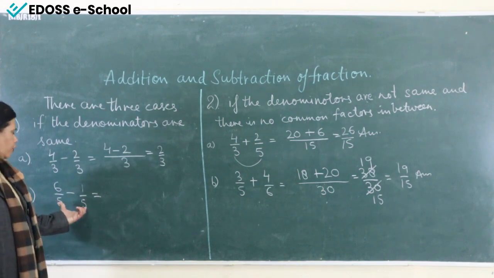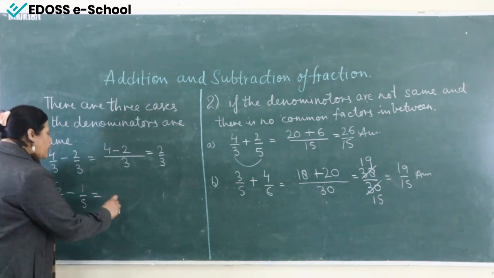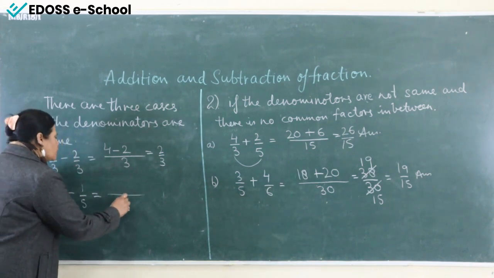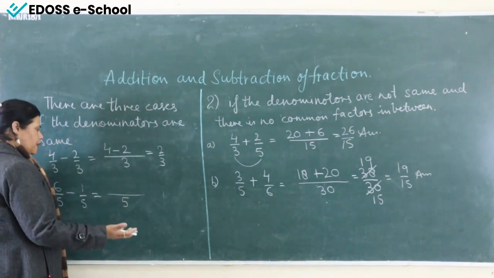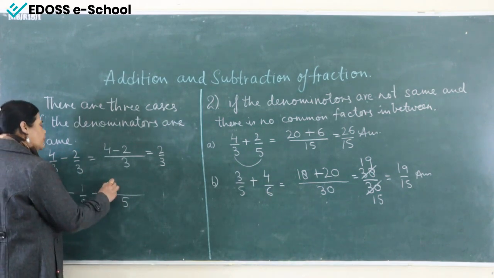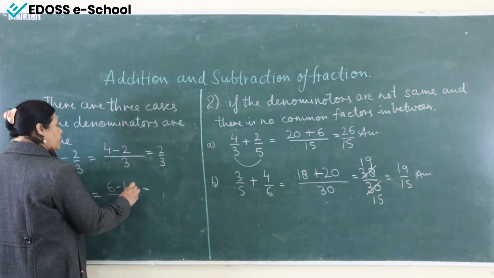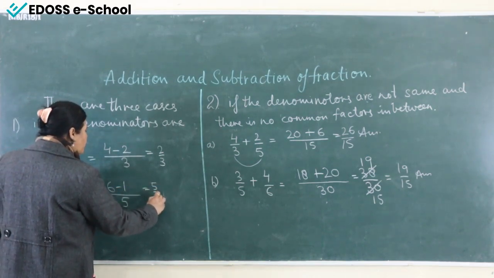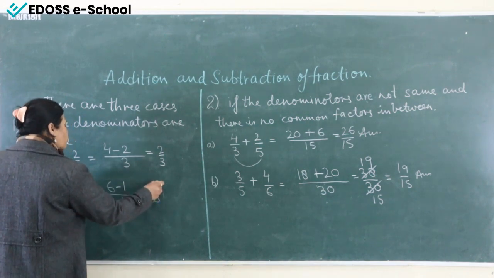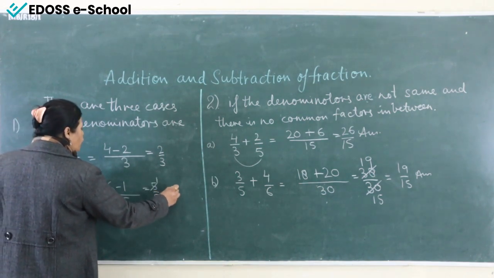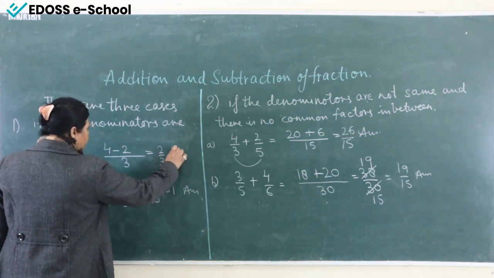Without any calculation you just write down the common LCM 5, and the numerators you will write down as it is. No more calculations. So what you will do, 6 minus 1 is 5 upon 5, because both the numerator and denominator are same, so you will do the cancellation and your lowest term is 1. So this is my answer.